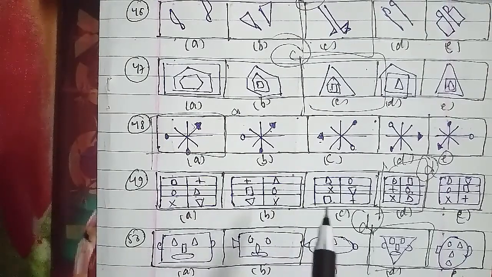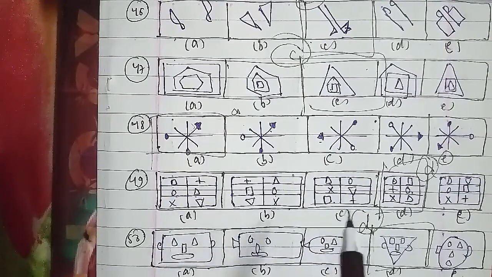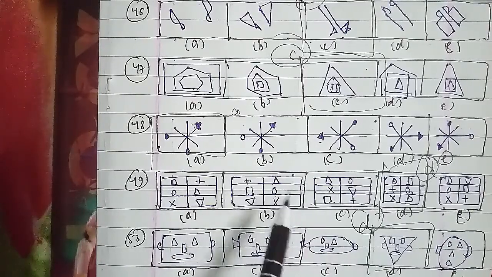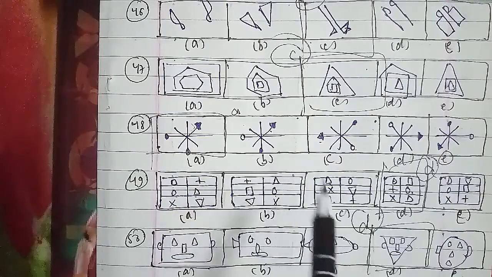In terms of reasoning, as I told you in the starting, reasoning has been divided into two parts, which is verbal reasoning and non-verbal reasoning. Verbal reasoning has been divided into two parts, which is general mental ability and logic reasoning.